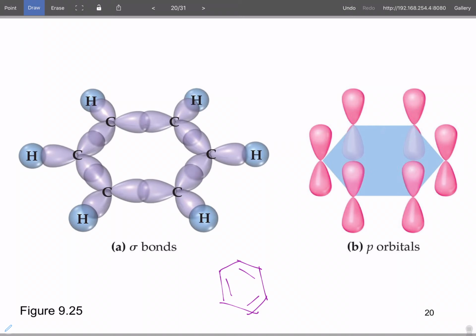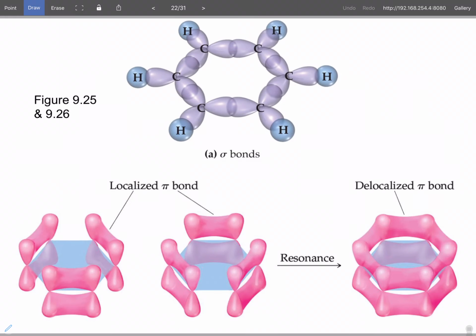So what ends up happening with these is this allows this pi system to interact with itself and set up the p orbitals. So these are unhybridized p orbitals. All the sigma bonds are with hybrid orbitals in this structure. I'm not sure why that's in there twice, but it is.